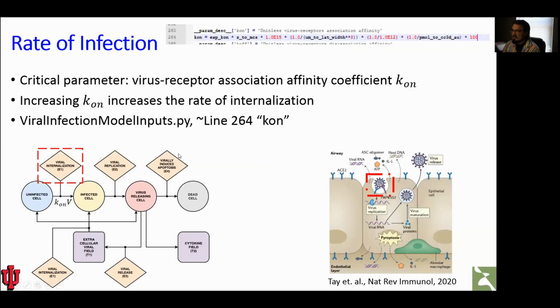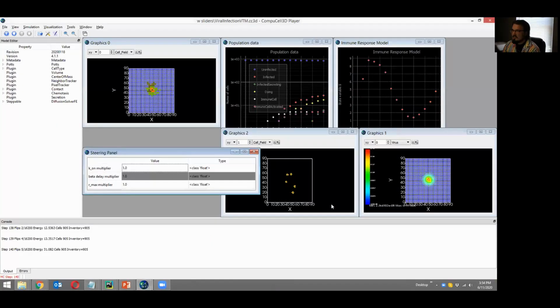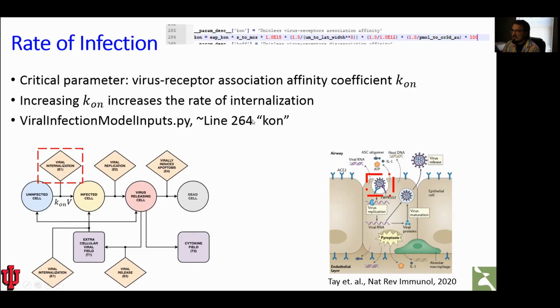This parameter corresponds to internalization, such that when you increase the value, the rate of internalization will correspondingly increase for a given amount of extracellular virus that a particular cell is exposed to. For those of you who don't particularly care for the steering panel and are interested in the code, you can find this at line 264 in viral infection model inputs.py.